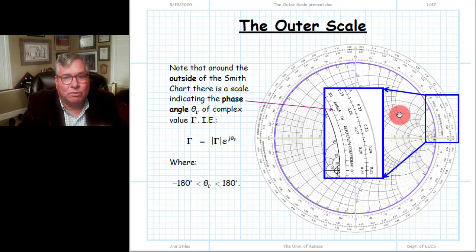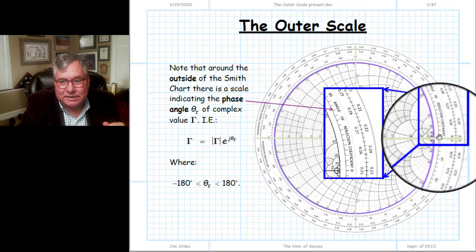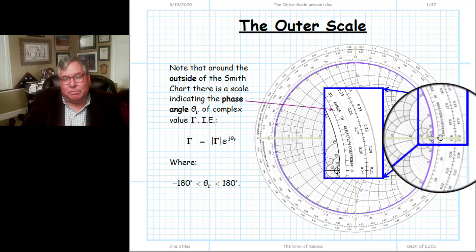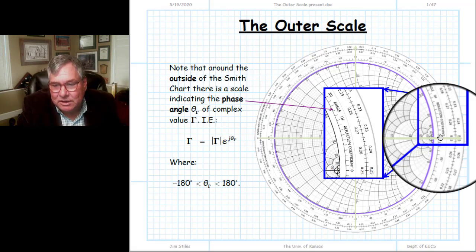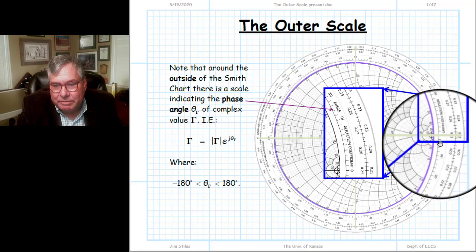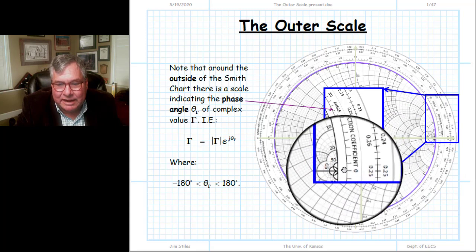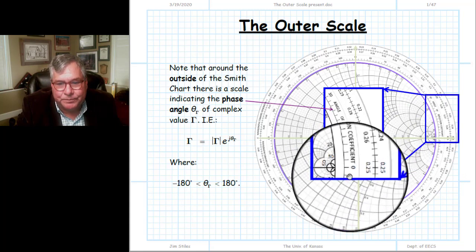In this case, for the outer scale, where we describe 0 is pretty simple. It's, again, how we define the angle with respect to the polar plot. It is the rotation angle from the positive part of the real axis. And so a phase angle of 0 would be right about here. If we zoom in, we can see right there it has a value of 0.